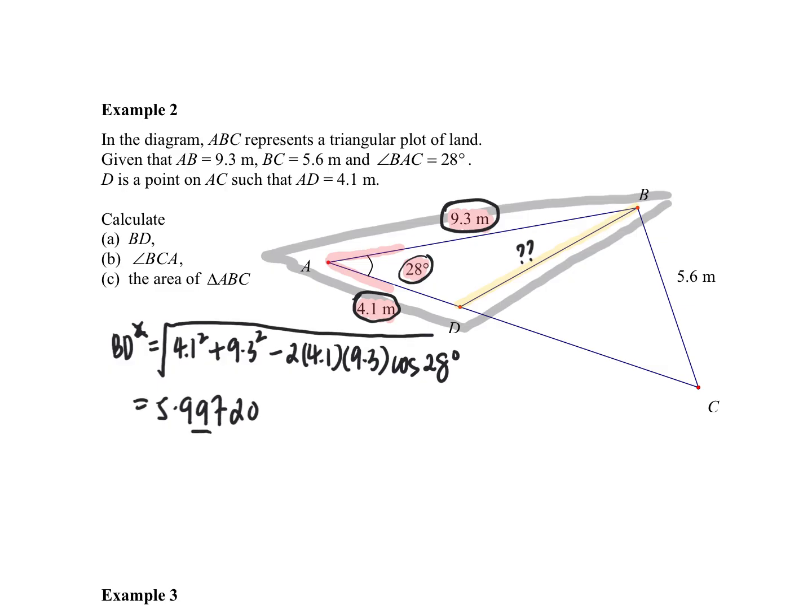So 3SF, look at the number beside it, you round up. So you should get 6.00 meters. The moment you found the answer, put it in your diagram. Write the one that is more accurate.